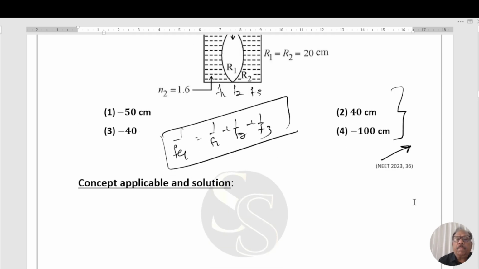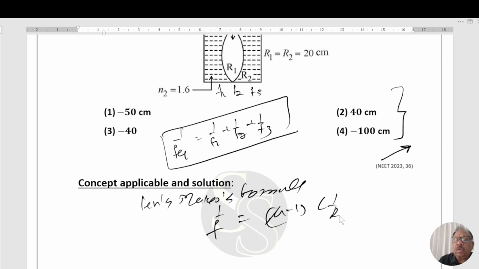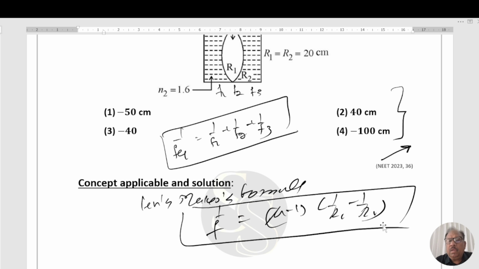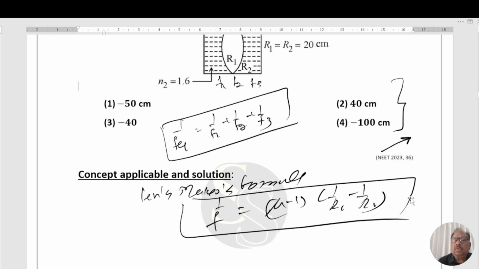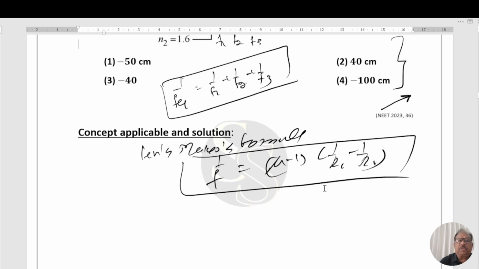Now in this case, lens maker formula is applicable. Lens maker's formula: 1 by f equal to mu minus 1 into 1 over r1 minus 1 over r2. This is the lens maker formula, where mu is the refractive index of the material of the lens with respect to the medium in which it is placed.